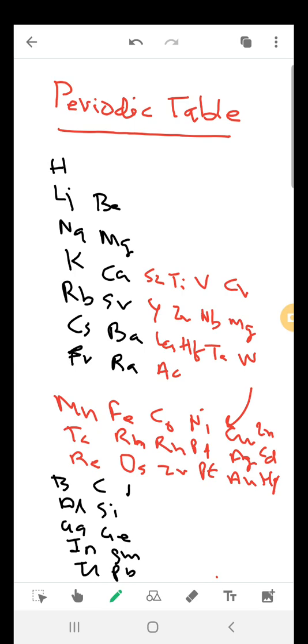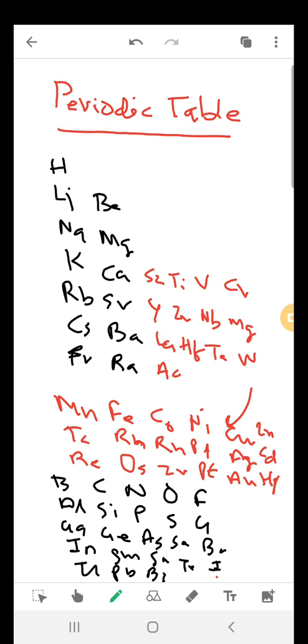Then we have nitrogen, phosphorus, arsenic, antimony, and bismuth. Then we have oxygen, sulfur, selenium, tellurium. Then we have fluorine, chlorine, bromine, iodine, and at last we have helium, neon, argon, the inert gases, and so on.